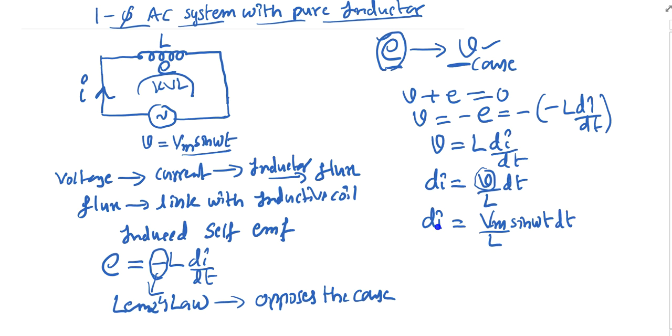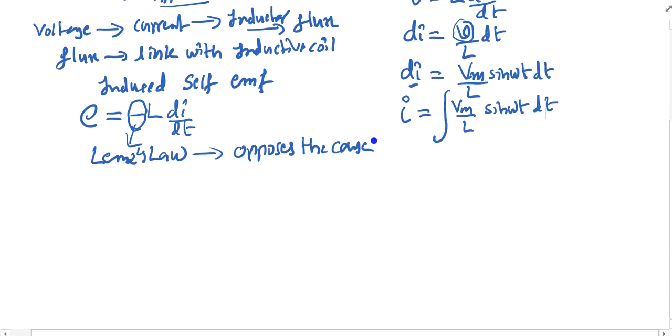If you remove the differentiation term and want to find the total current, obviously it comes as an integration, Vm by L integral of sin omega t dt. This is the current expression you are getting.